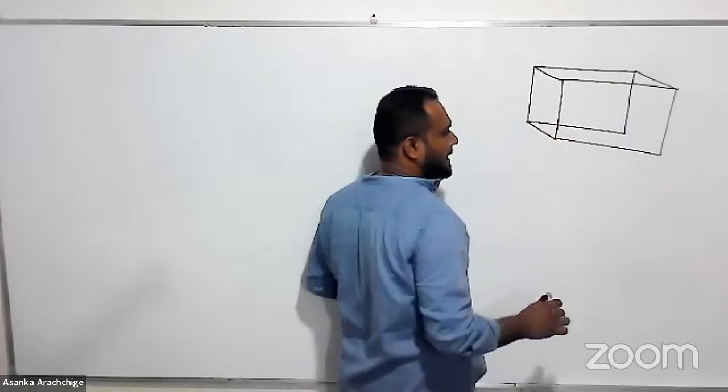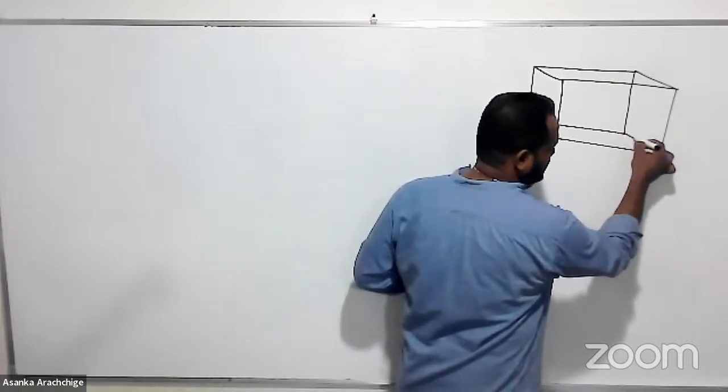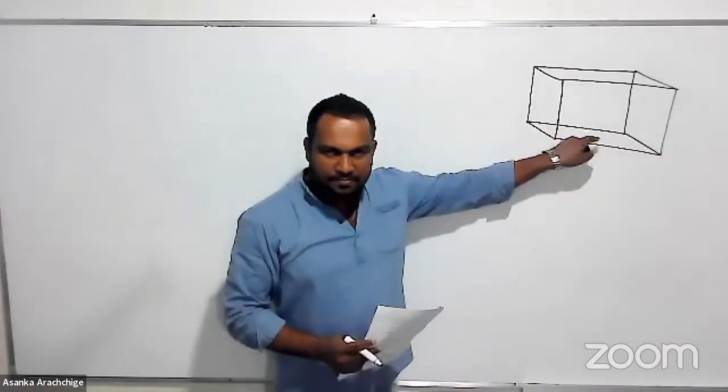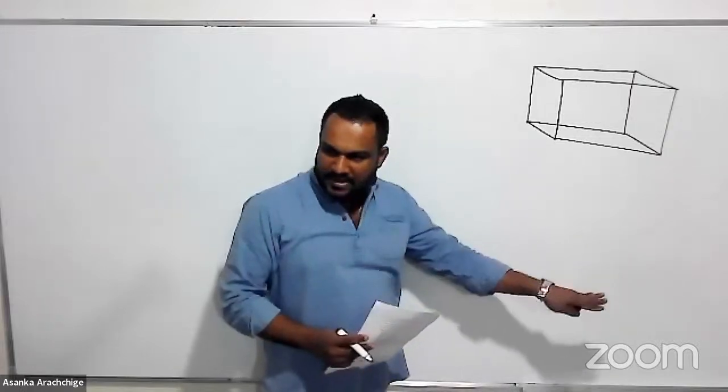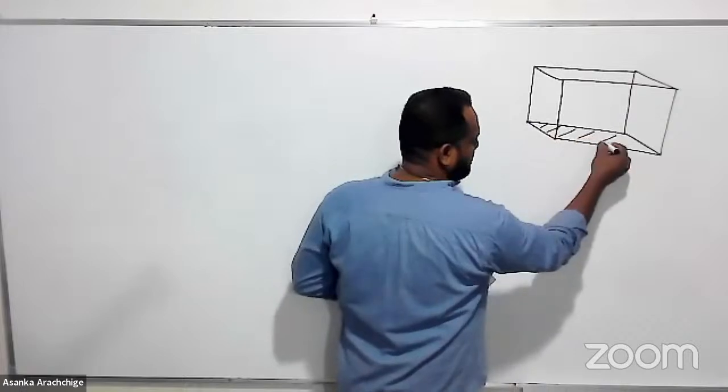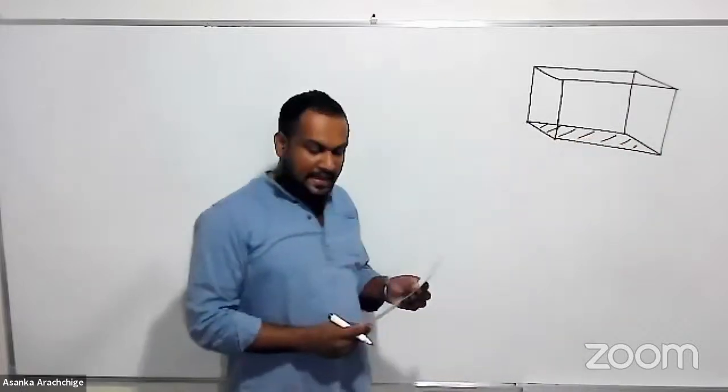If this is that water tank, you know that only this is the base. Base means the bottom surface, no? Right. So I am shading the base of that water tank.